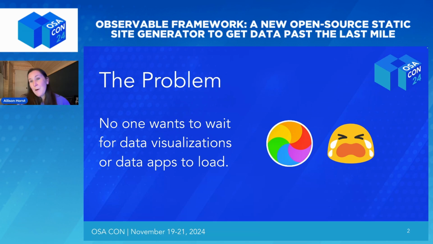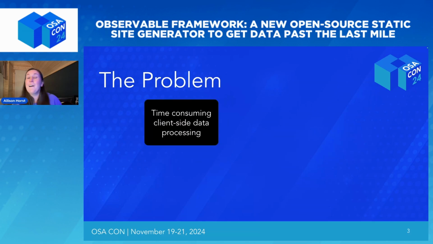But that's not always what happens because, well, there have been these really amazing advances in speeding up things like ETL pipelines and querying really huge databases, for example, using DuckDB, running models faster.